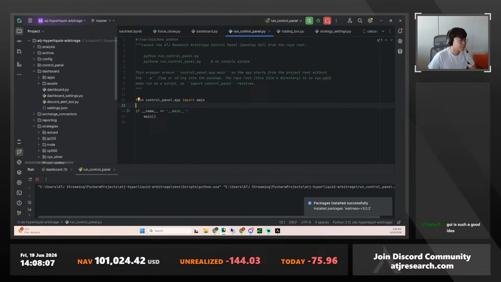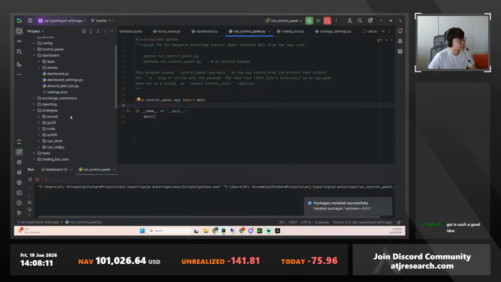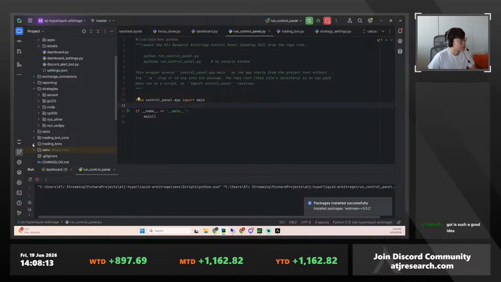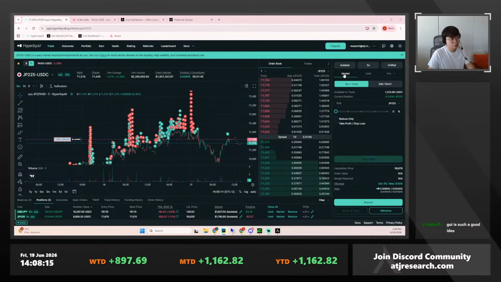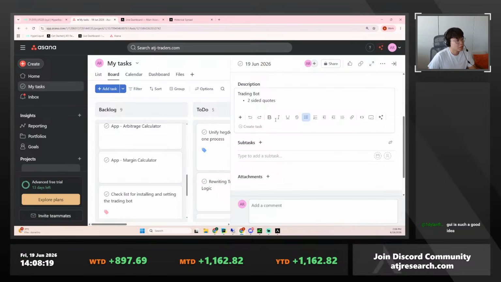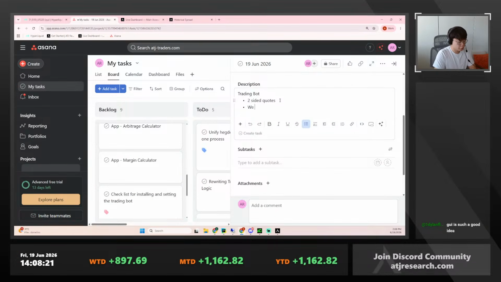And so from now on, if you run just the normal trading bot, then the trading bot will also be able to provide two-sided quotes if possible. Another thing is that we removed REST calls from amend loops.